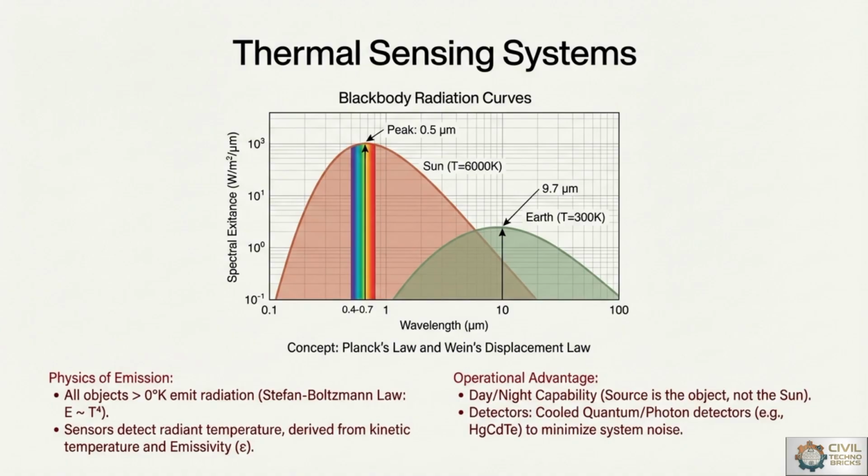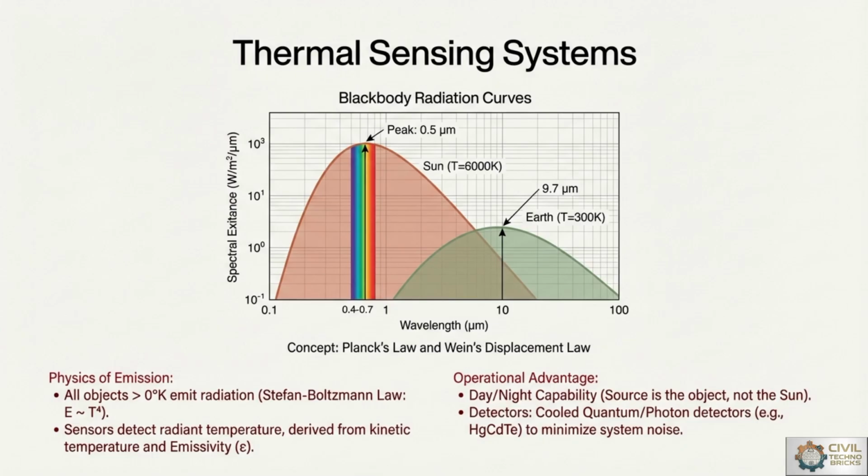Next type of sensors are the thermal sensors. Basically thermal sensors are working on Planck's law or Wien's displacement law, where the graphical representation of wavelength with reference to the spectral exitance is studied. That diagram is known as a black body radiation curve, where we see two curves, one in brown color, one in green color.